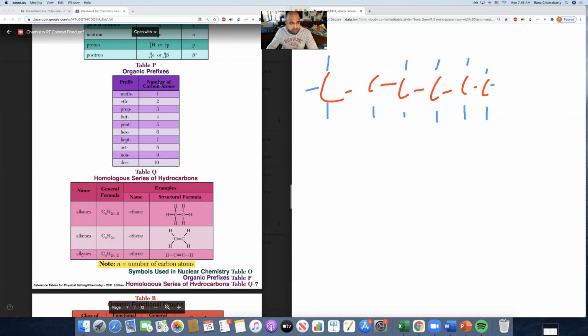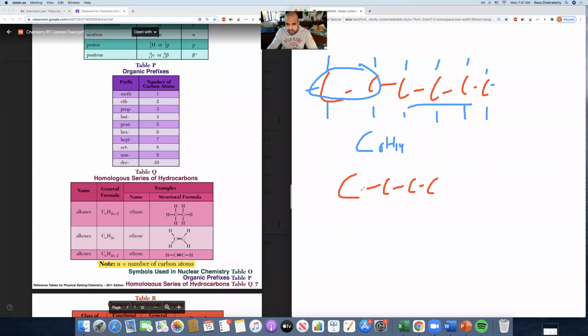So this goes here, and it still is hexane. So I can move even these 2 carbons towards the middle of a chain. So I could do this, and it's still correct as long as you have the same amount of carbon atoms and the same amount of hydrogen atoms.